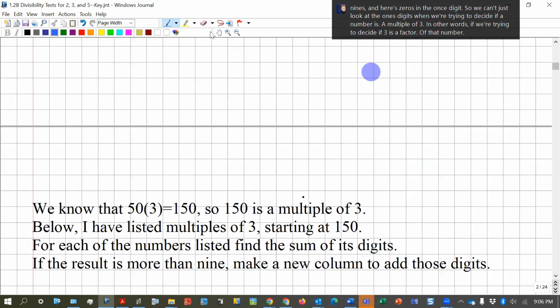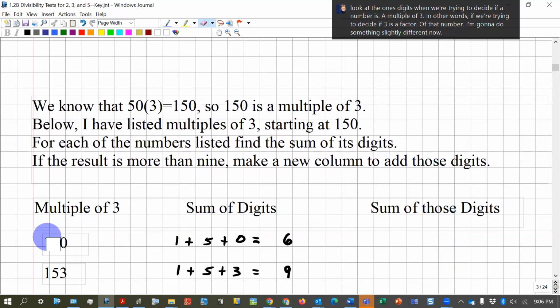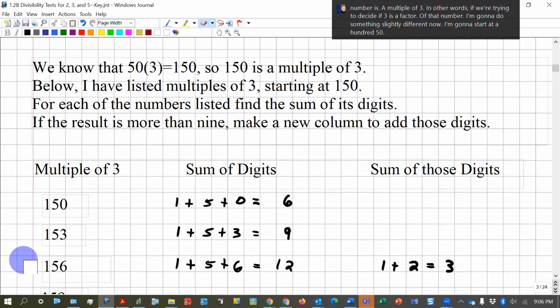I'm going to do something slightly different now. I'm going to start at 150 and then 153, 156, etc. And we're going to add the digits of the number. 150 is 50 times 3, so it's a multiple of 3.